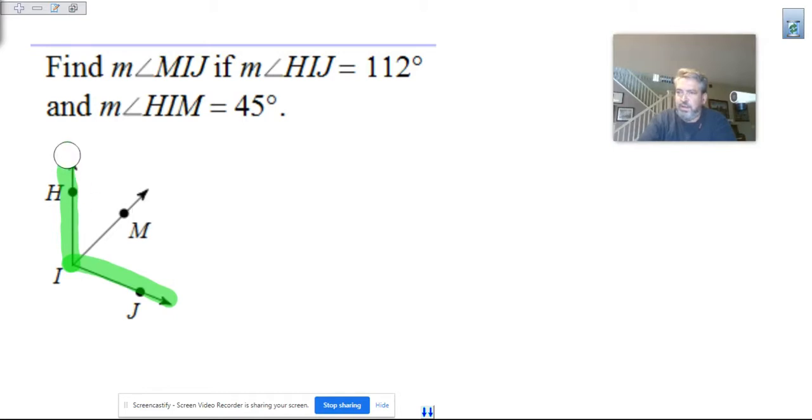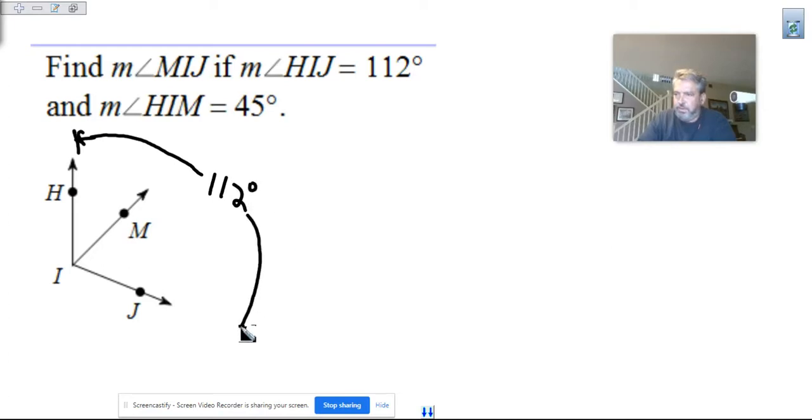I'm going to erase that now. And I'm going to put in an angle measurement like an engineer does. I'm going to put an arrow, go all the way around, and say 112 degrees. And that goes all the way over to here. Okay. Now, where is HIM? HIM is in here.